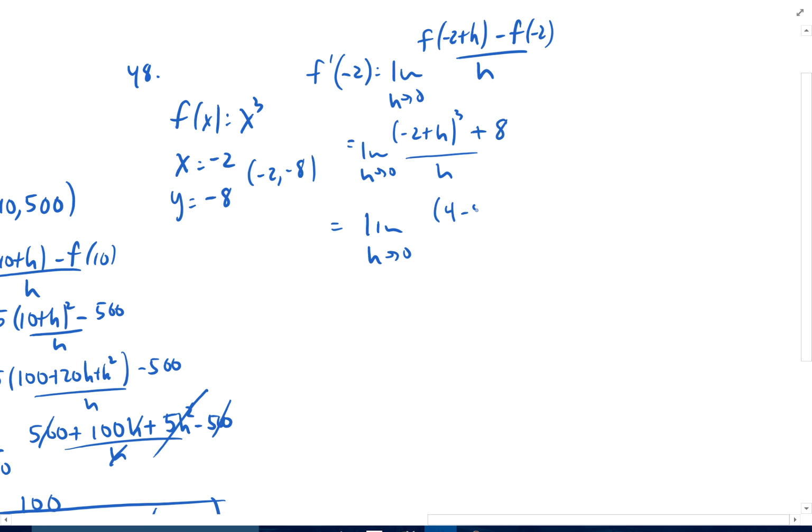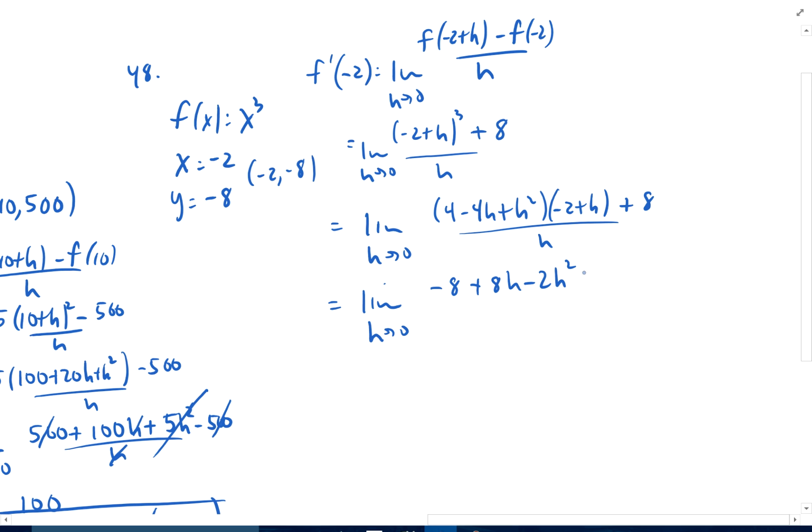So that'd be 4 minus 4h plus h squared times negative 2 plus h plus 8 over h, which is the limit as h approaches 0. If I distribute, that's going to be negative 8 plus 8h minus 2h squared plus 4h. I'm just distributing these. Minus 4h squared plus h cubed plus 8 all over h.